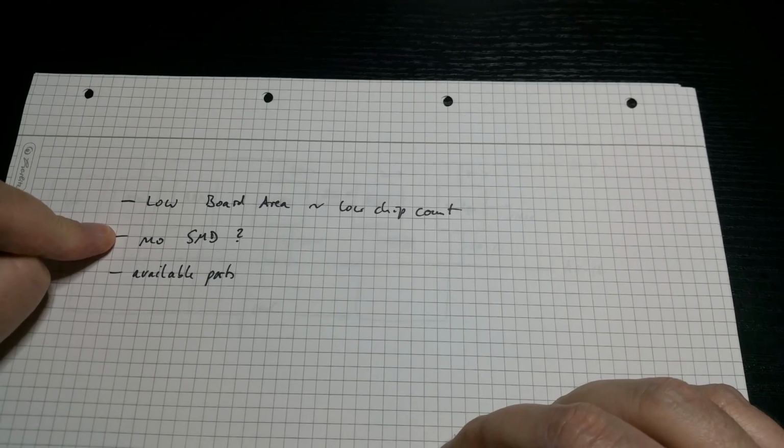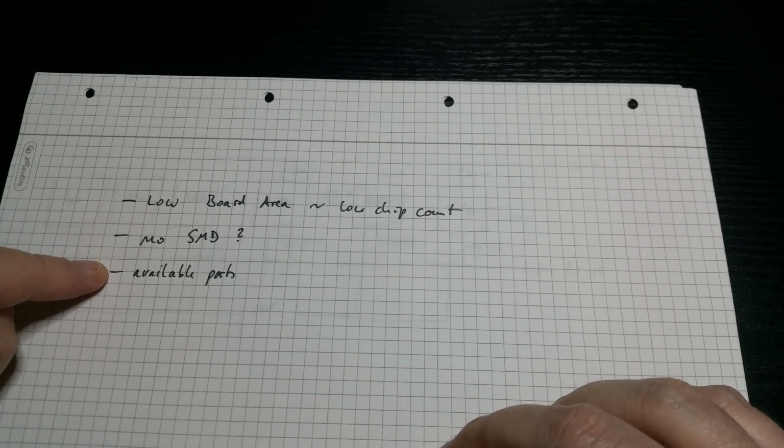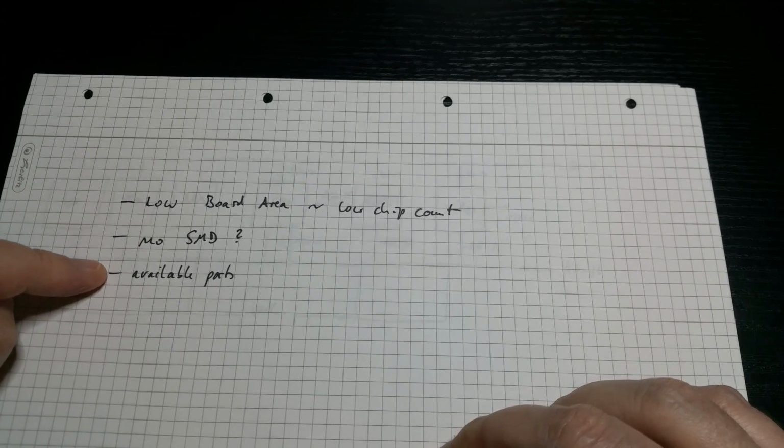There should not have been any surface mount device chips, so that you would be able to solder that easily with through-hole parts. And the parts should still be available.